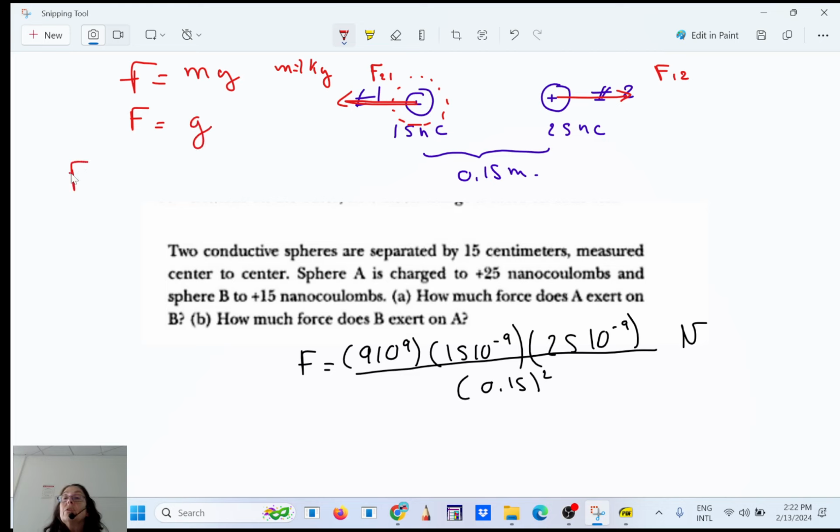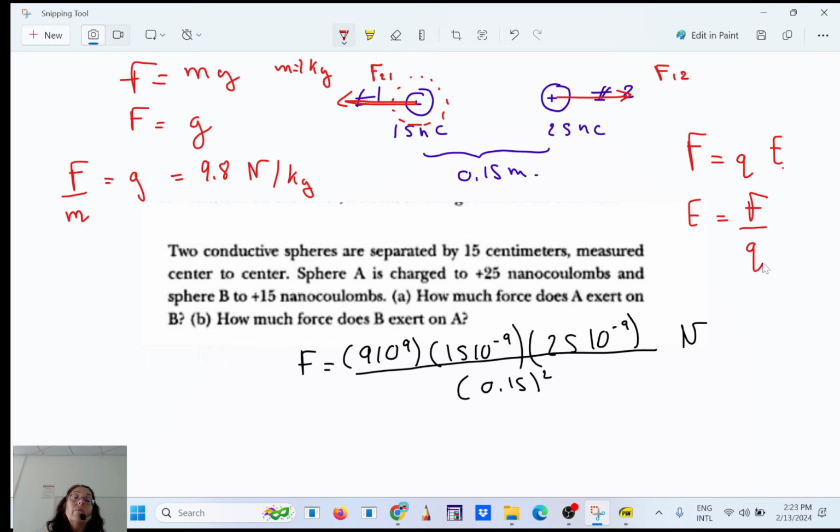So the force per unit mass is g. You can see g, which is 9.8, as an acceleration or as Newton per kilogram on Earth. Likewise, if you have a charge in an electric field, the force will be QE. So E in magnitude will be the force per coulomb.